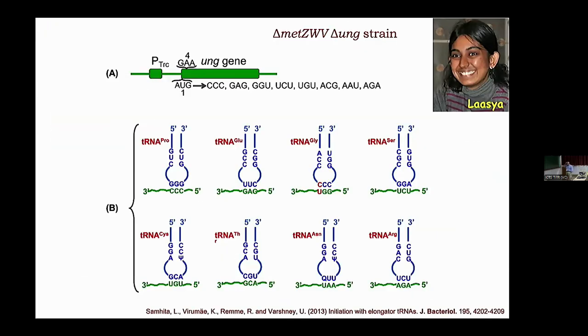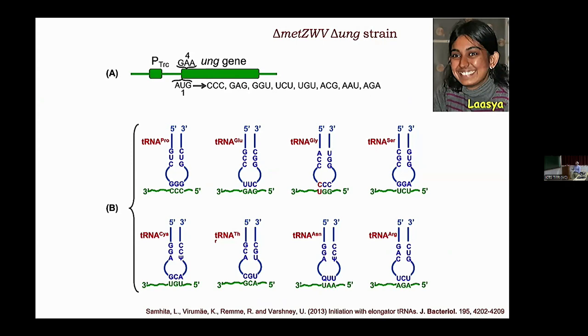Now, there was also this question that was raised when Deepa was talking about her work. So last year, there was a student in my lab, and then she went and worked with Deepa. And what she did was, she changed the start codon of the uracil DNA glycosylase gene, because she wanted some enzymatic assay along with other CAT assays.